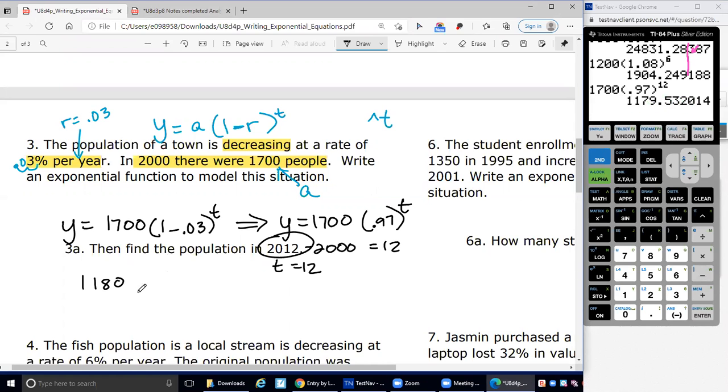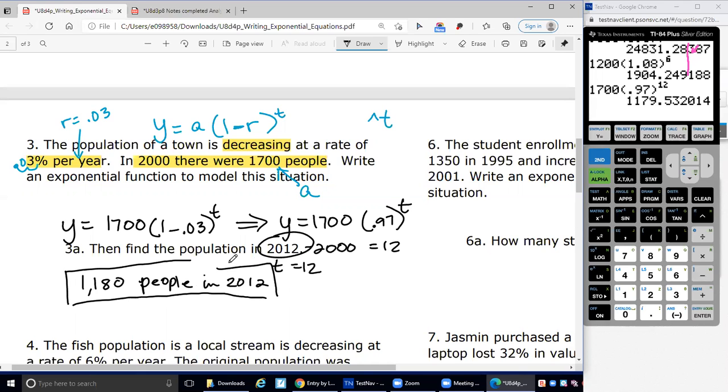So we raise the score. And so that's 1,180 people. I'm rounding it because half a person is gross. Yes? Okay. I'm just playing with you, but you get the idea. People, we don't round. Dollars, you can round to the penny, right?